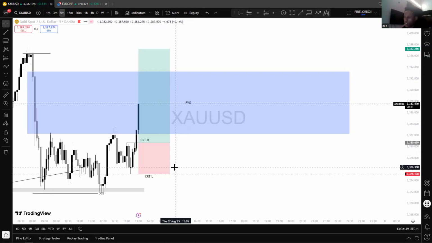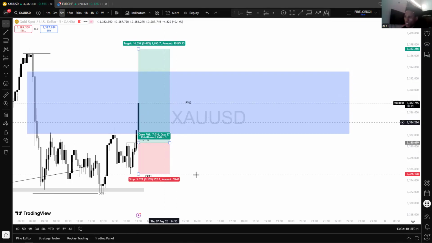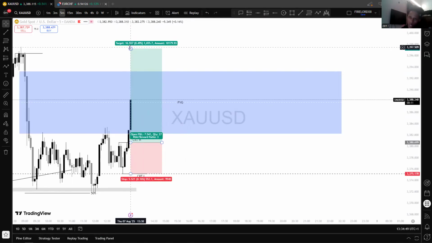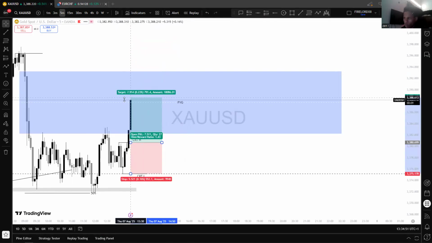So price is pushing already. But look at this kind of thing. If we took a buy the moment it broke out, I'm not saying take a buy. I'm saying if we took a buy the moment it broke out, someone that wants a 1-to-1 would have taken their 1-to-1. And someone that wants a 1-to-2, 1-to-3 might probably get it.